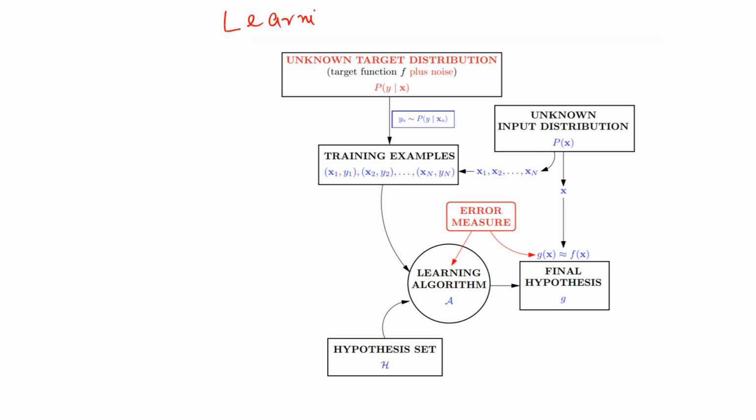This is the learning setup. Now a few things have been added. If you remember, we fixed the hypothesis set before we look at the data, so that's all fine. That feeds into my learning algorithm here, and then the data that we are getting is from a distribution.